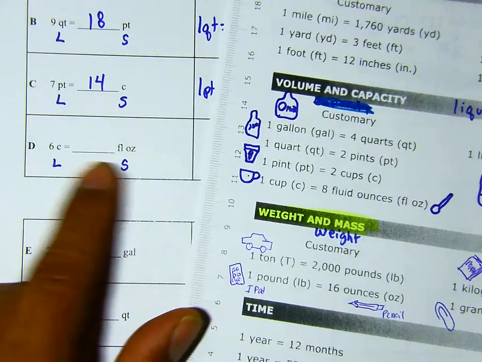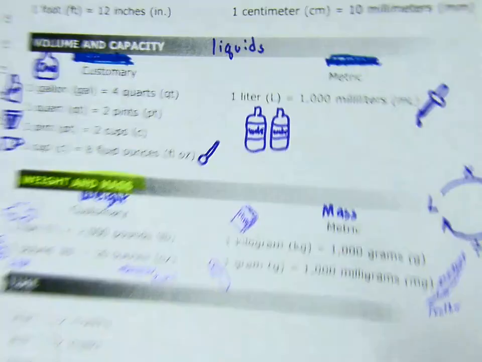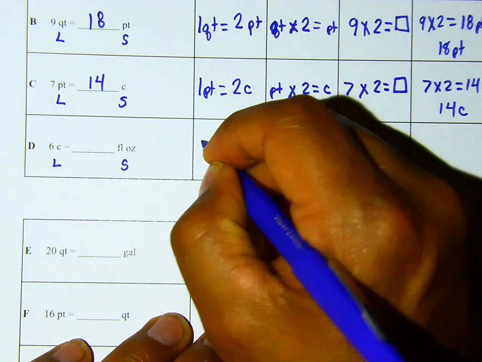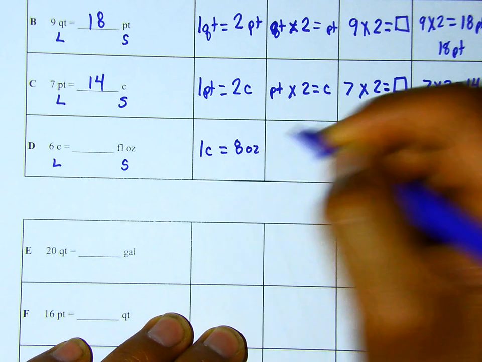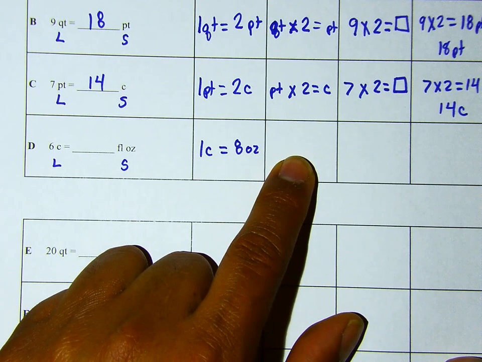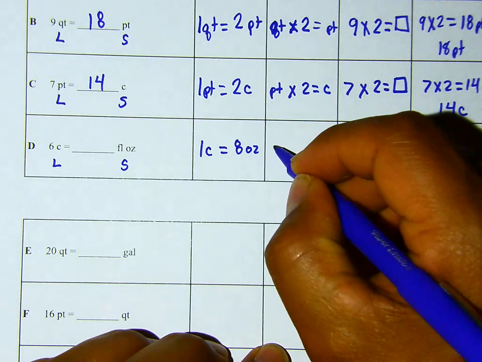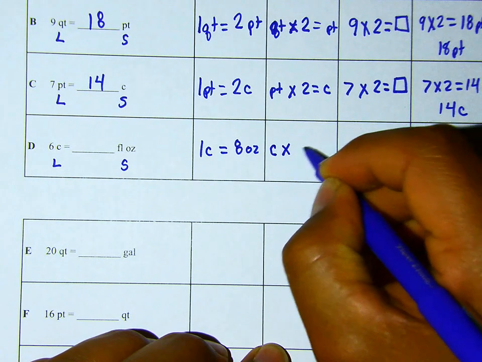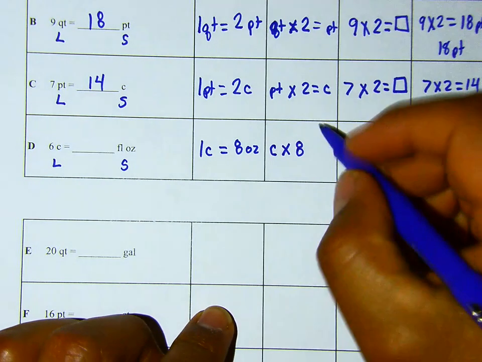Cups, how many ounces are in a cup? 1 cup equals 8 fluid ounces. So I can write 1 cup equals 8 ounces. So I know I'm going to multiply because I'm going from a large unit of measure to a small. So I'm going to multiply however many cups I have times 8 because there's 8 fluid ounces in a cup.